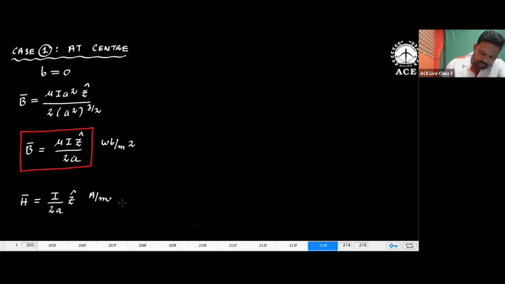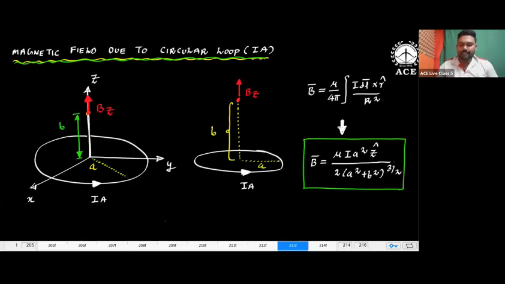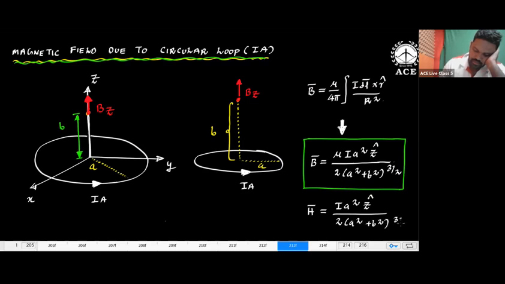Units are ampere per meter. Let me go back. What is H, beta? H is equal to I into A square into Z cap divided by 2 into (A square plus B square) to the power of 3 by 2.